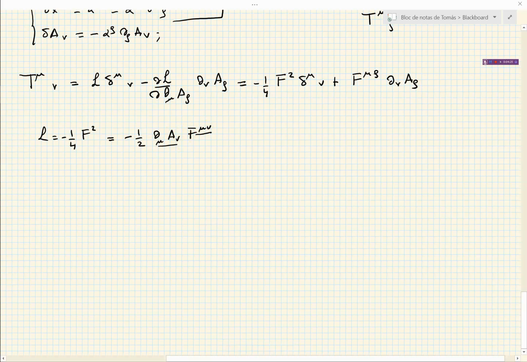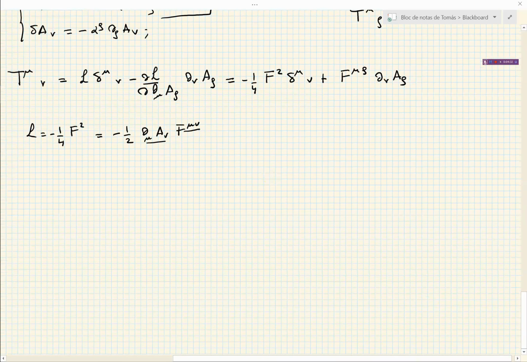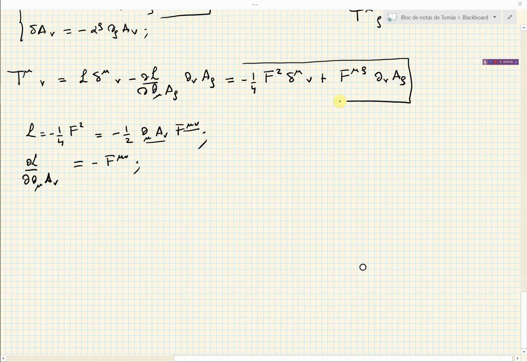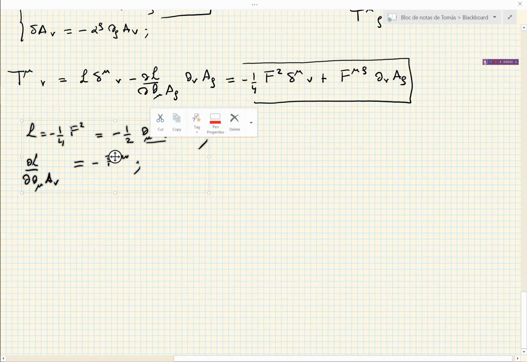Now, in taking the derivative, I get a factor of 2 because this really has partial_mu A_nu here and partial_mu A_nu here. So you are going to get another factor of 2, so this is just minus F^mu nu. So this is the energy momentum tensor.